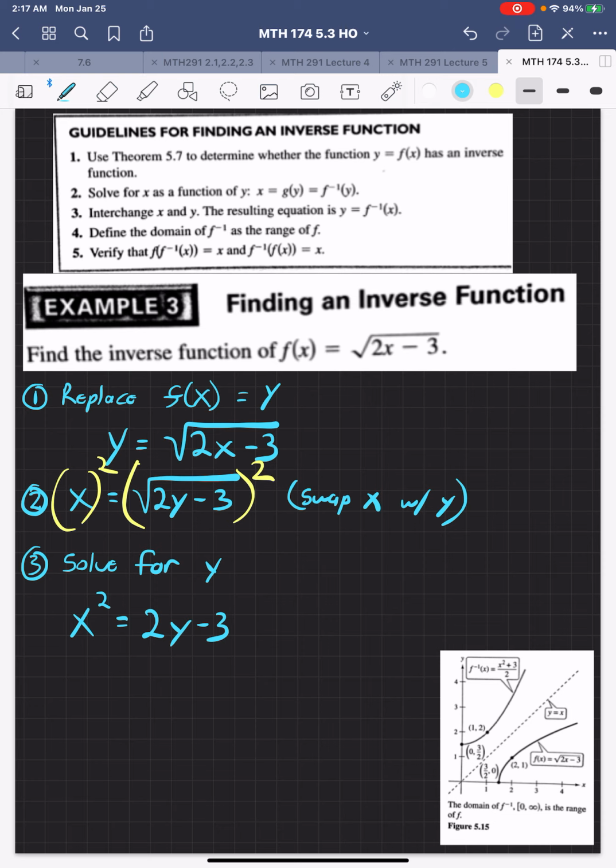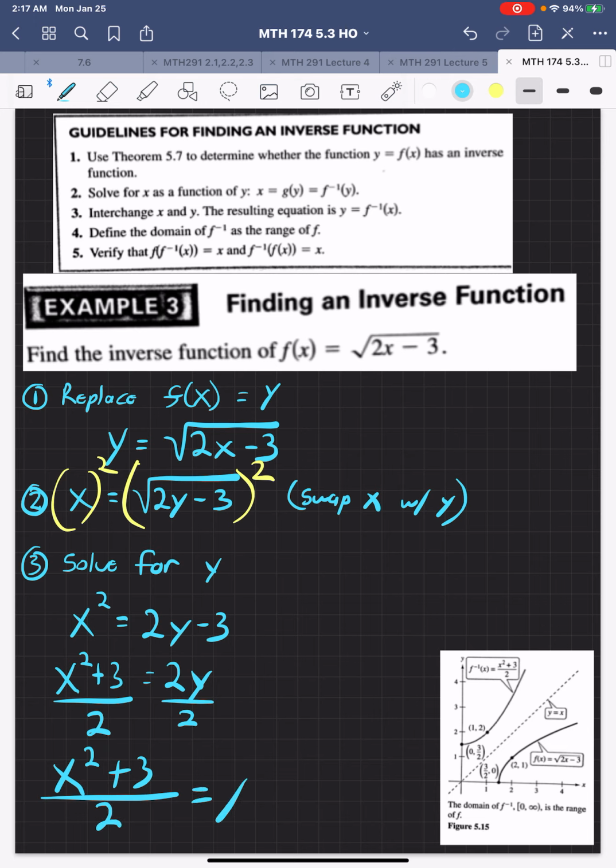Y is still not by itself, so let's go ahead and get that 3 to the left side. So I've got to do the opposite of minus 3, so I've got to add 3. And last step, let's just divide both sides by 2. So I've got x squared plus 3 over 2 is equal to y.